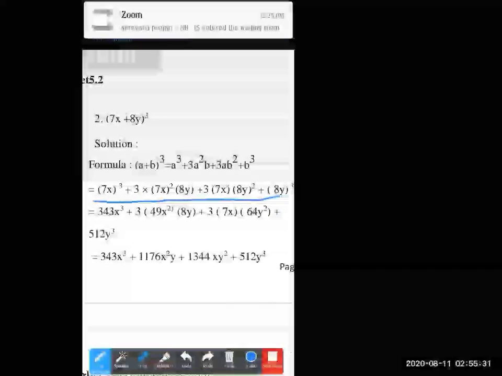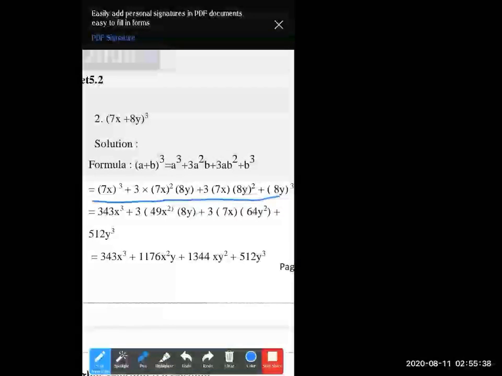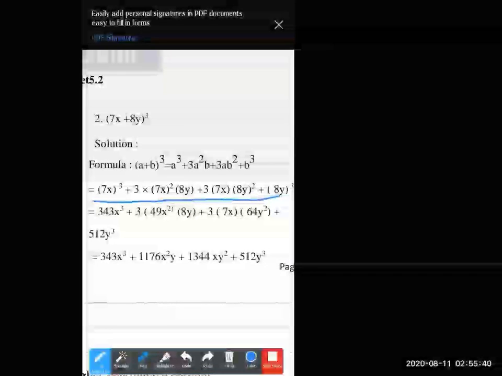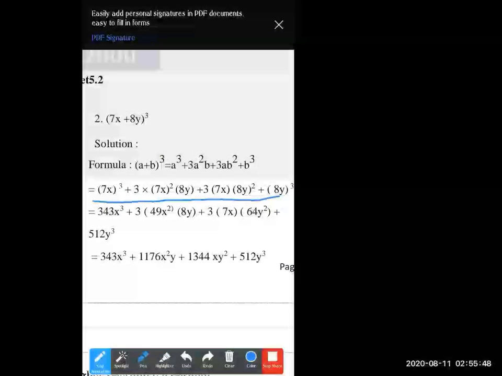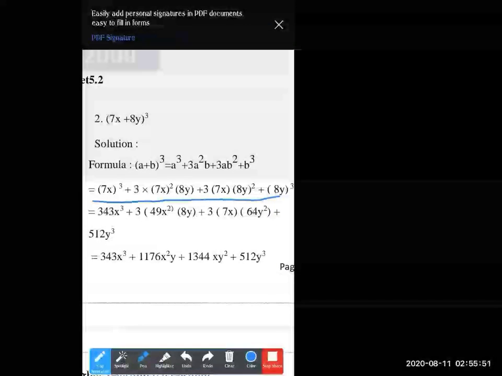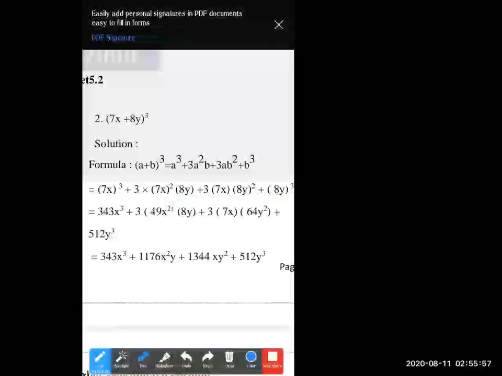B square means it is (8y) square. So here we will write (8y) square. Whenever there is a square sign, you have to put bracket, so it will not get jumbled up. You will see it properly. That means we have to find the square of that number. Plus b cube, sorry, plus b cube means (8y) cube nikalna hai. Then we will solve it.